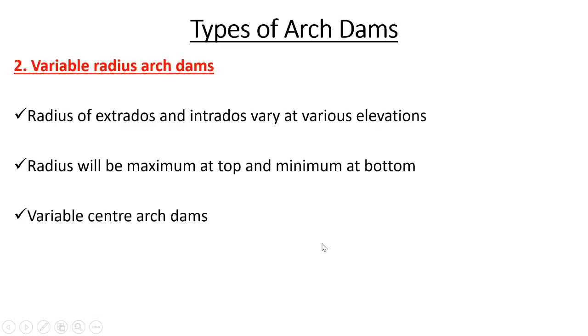The second one is the variable radius arch dam. From the name itself, you can infer that for a variable radius arch dam, the radius of extrados and intrados vary at various elevations. Extrados and intrados may be new terms for you.